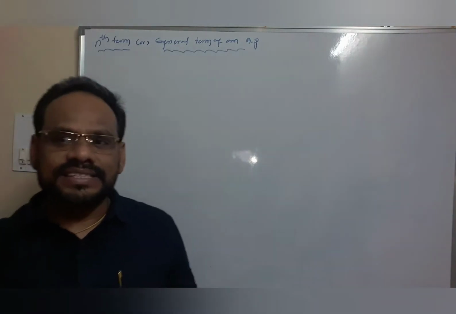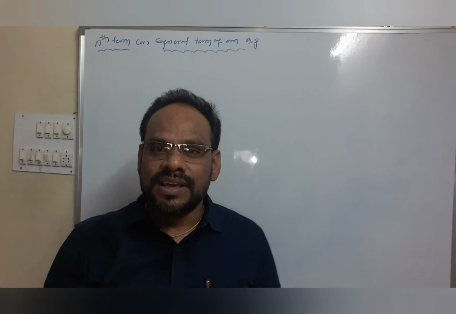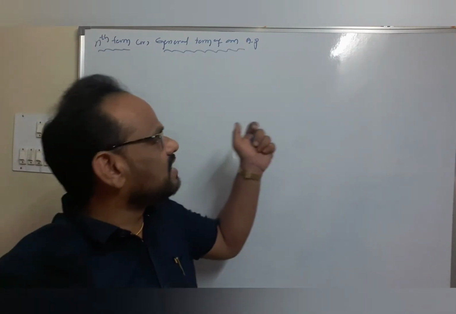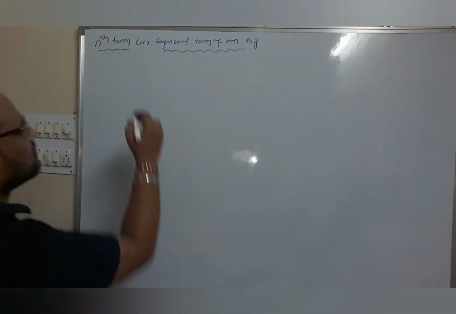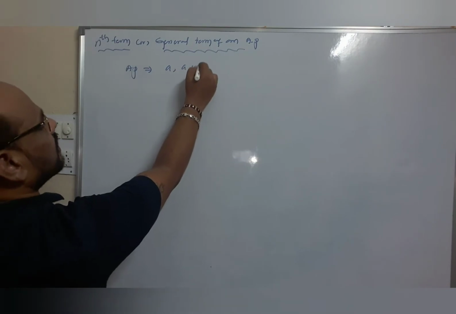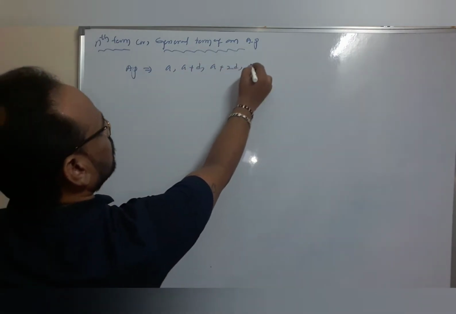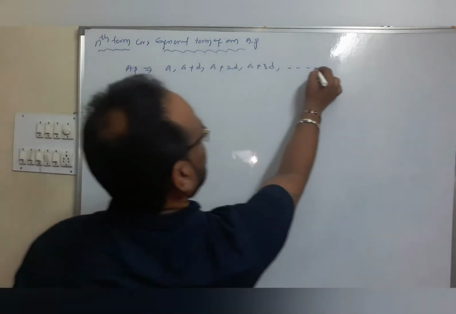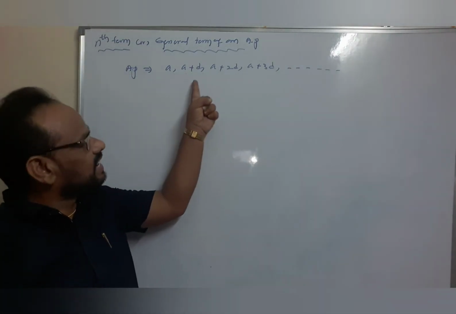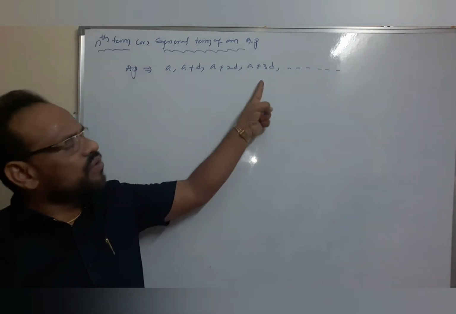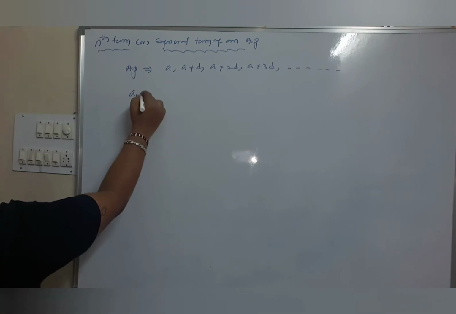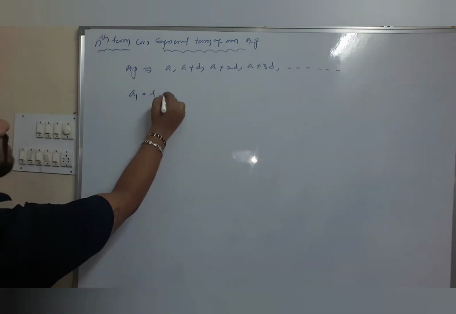We know that A is the first term and D is the common difference. The general form is A, A plus D, A plus 2D, A plus 3D and so on. That means this is the first term, second term, third term, fourth term and so on. First term is nothing but A1 or T1 is equal to what?